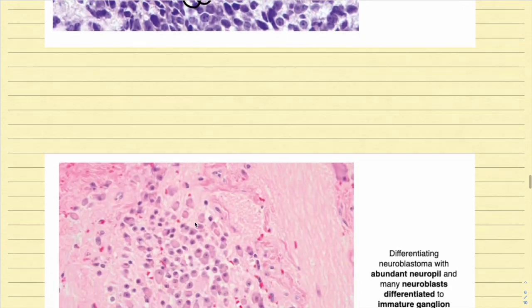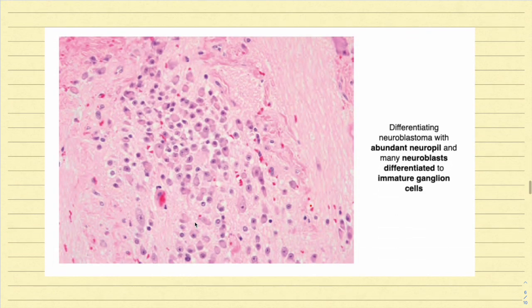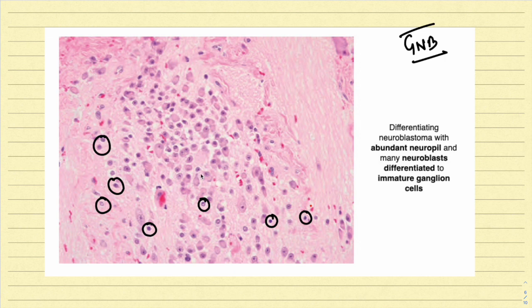nucleoli. Okay. Now here we see what is called a ganglioneuroblastoma, where we see there is a mixture of the neuroblastic cells, as we can appreciate over here. So some small primitive bluish neuroblastic cells are there. Along with that, we see that there are certain mature ganglion cells.